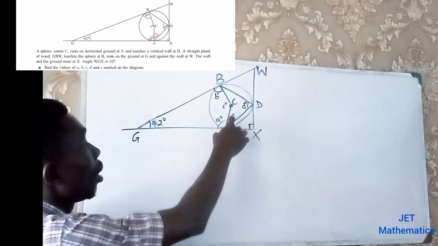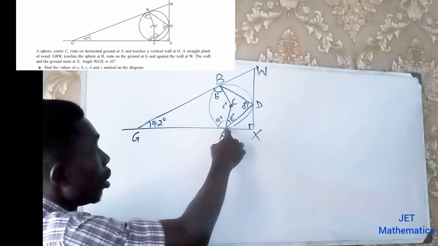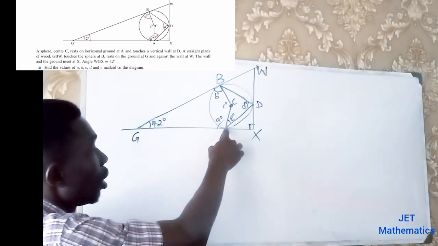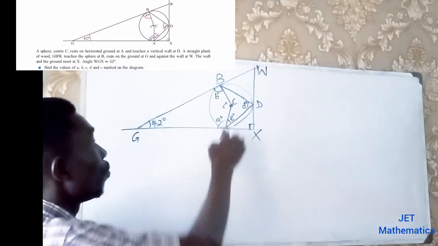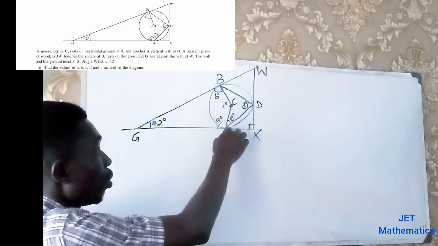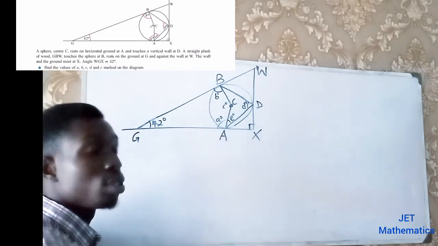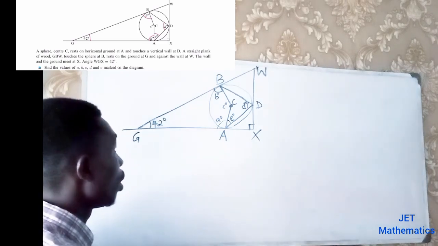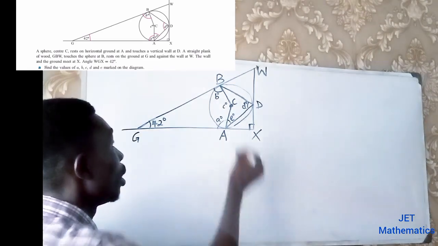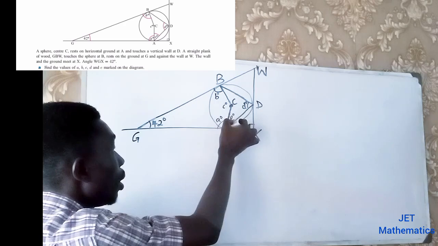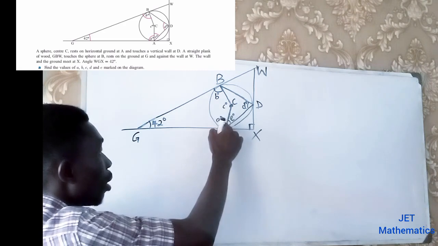Now the first theorem is: a line drawn from the center of the circle to the point of tangency is perpendicular to the tangent. Perpendicular means it's at right angle to the tangent. That means this line is at right angle to this side, also at right angle to this side.